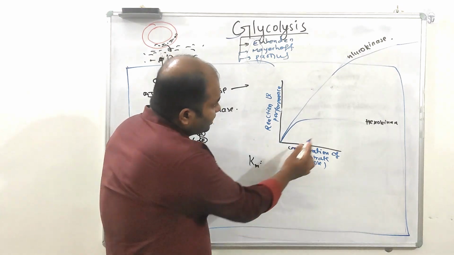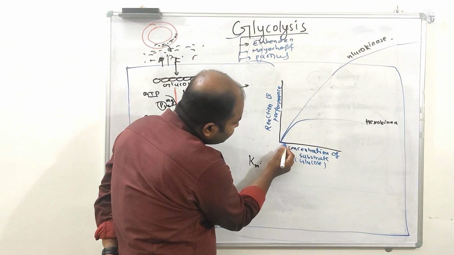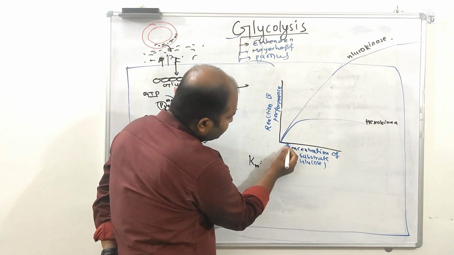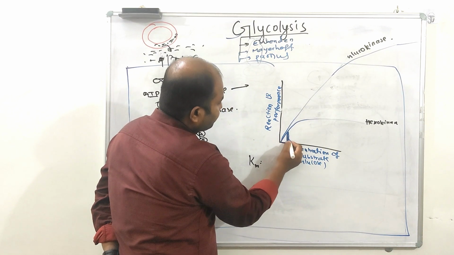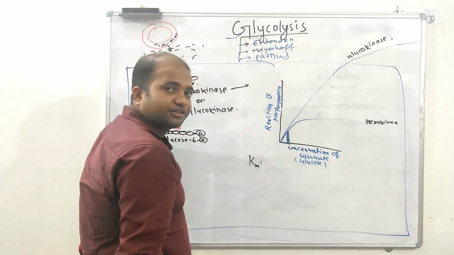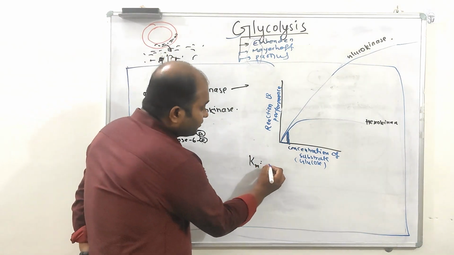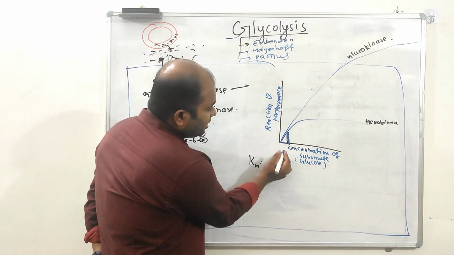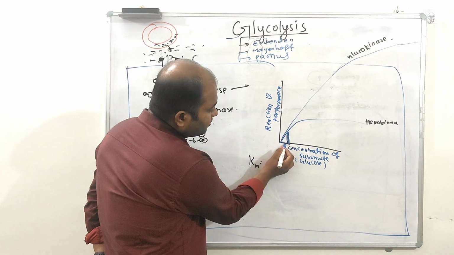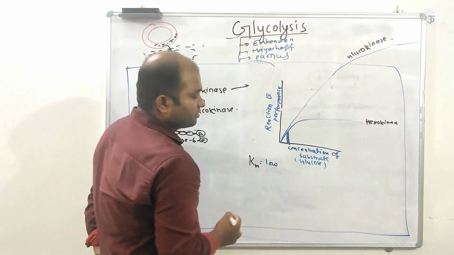So you see for hexokinase first. In hexokinase, you are seeing that once you increase little concentration of glucose only, this is getting half, right? This is getting almost half. After half, it is getting a straight curve, right? So Km is low for hexokinases.